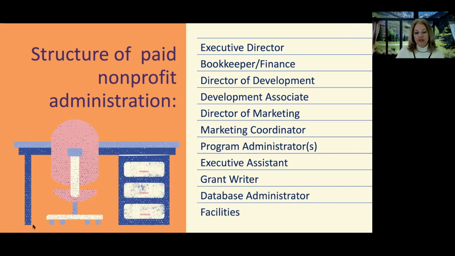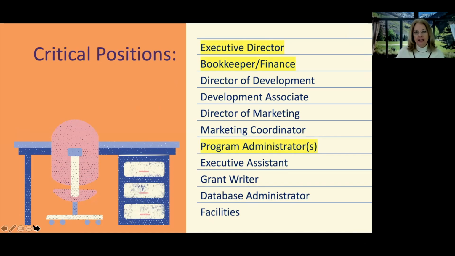So what ones do you need to start off with? I just think you need an executive director, bookkeeper, finance, and a program administrator. All of these other things, when you start out, most likely you're going to be at least overseeing those. If you have a volunteer, a board member, or whoever to do some of these tasks till you start bringing some money into the organization.